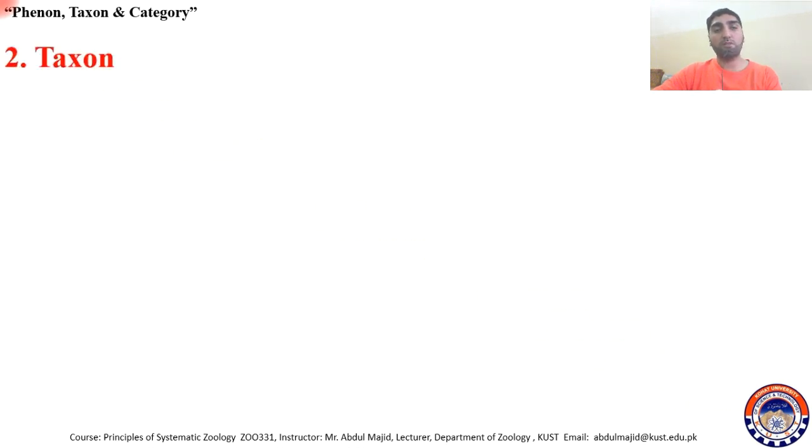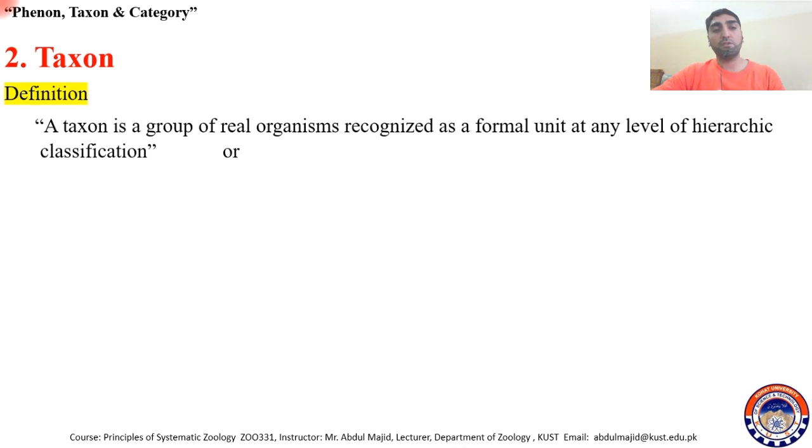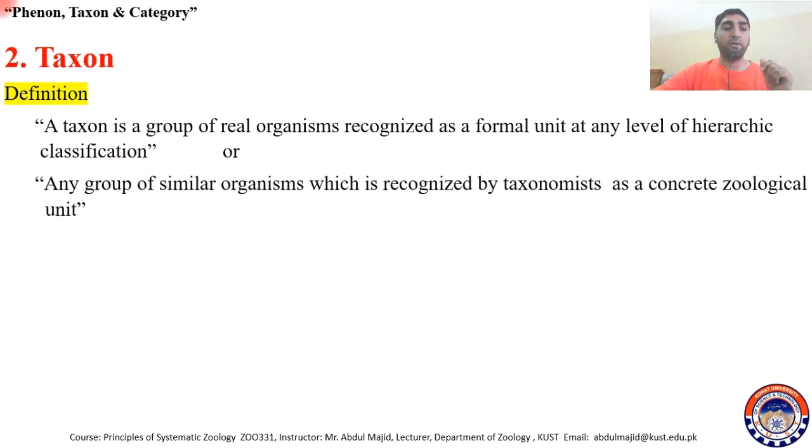Now we will discuss taxon, or the definition of taxon. A taxon is a group of real organisms which is recognized as a formal unit at any level of hierarchical classification, or you can define it as any group of similar organisms which is recognized by taxonomists as a concrete zoological unit.